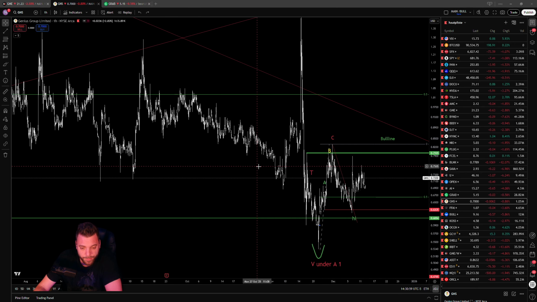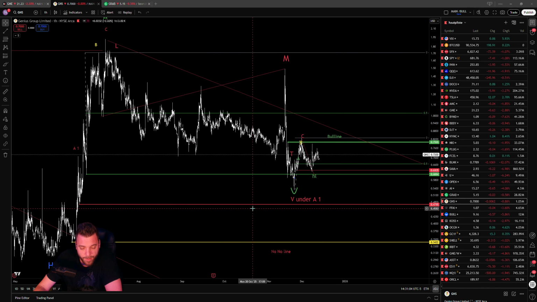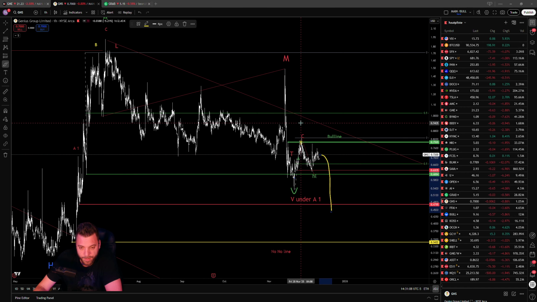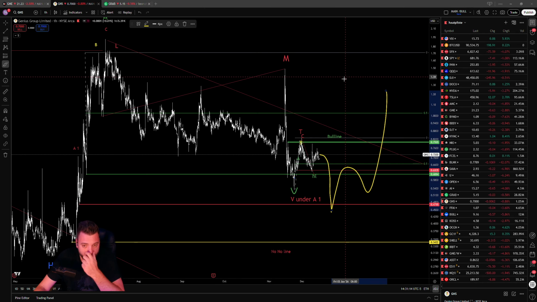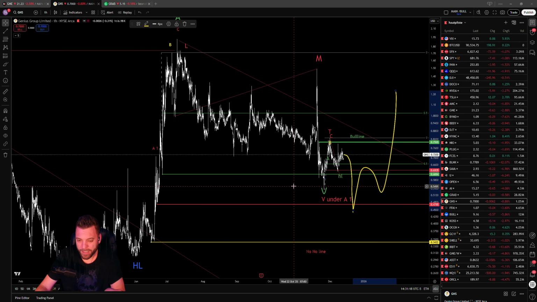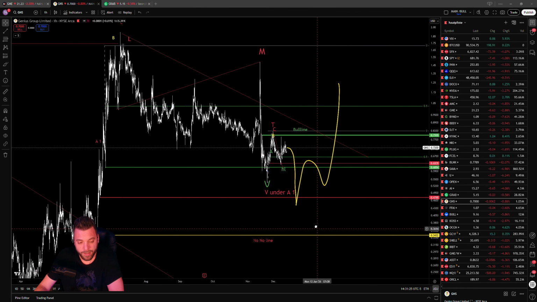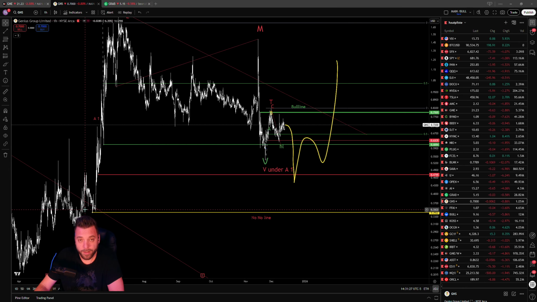The alternative would mean that this is our A, and we still have to go down here, which makes this our T, because this T is so tiny. Higher low, and then we go. But it should start. This doing nothing is just stupid. And your no-no line is 34 cents, because then you're breaking the previous higher low, and then it's dead.